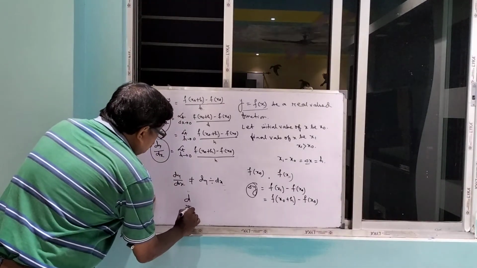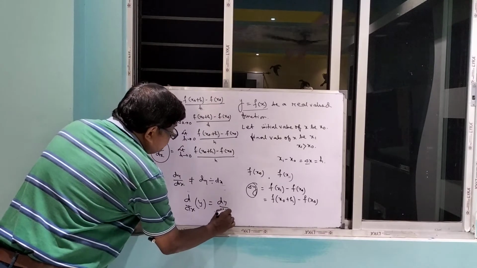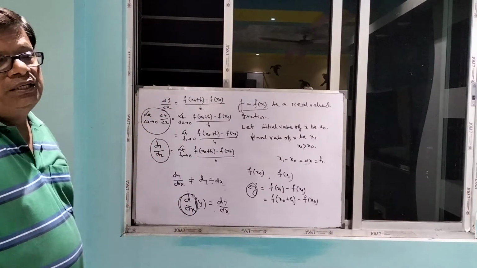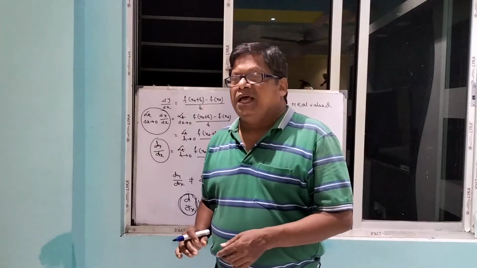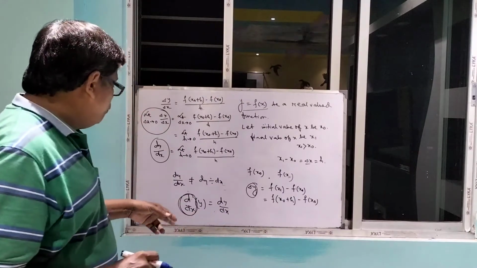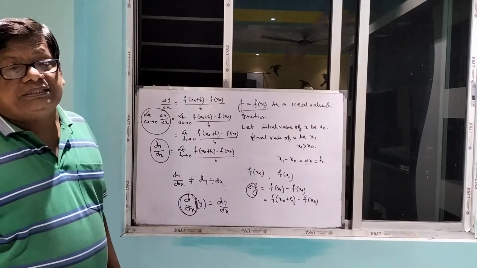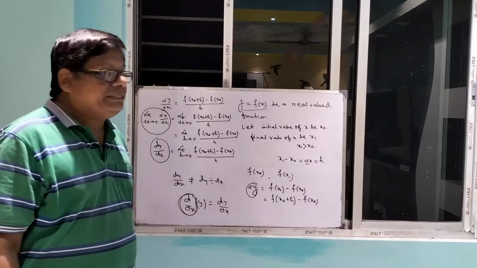So d by dx of y will be dy dx, keep in mind. So this is a symbol of differentiation. So all of you know positive sign is plus, negative sign is minus, and into is multiplication. Similarly, d by dx is the symbol of differentiation. Okay, so d by dx of y is dy dx.